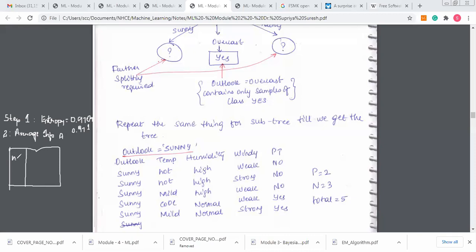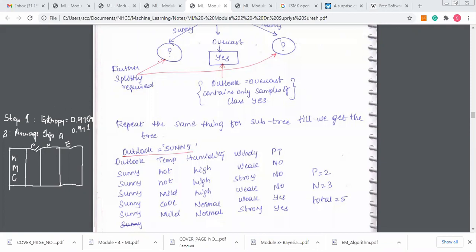So I'll be writing the values of hot, mild and cool, the total number of positives, the total number of negatives and the entropy of each and every feature. This is what we did initially also, right? So we are repeating the same steps. The first 3 steps that we performed, we will be repeating again, but we are splitting the tree. That's the only difference here.